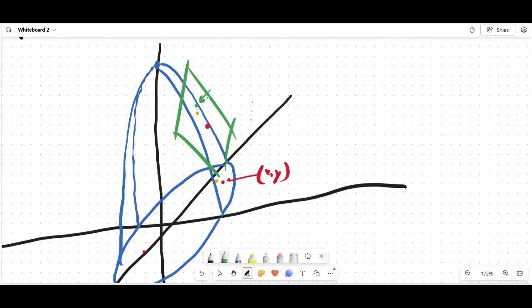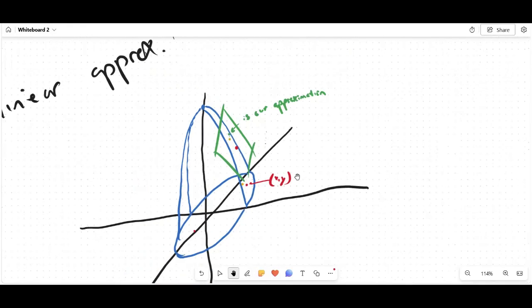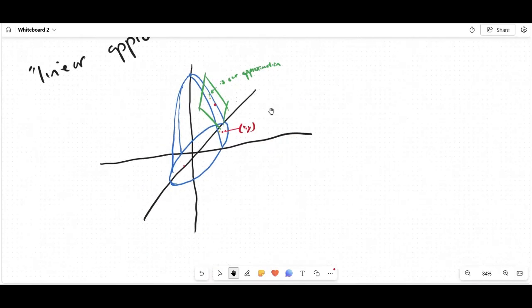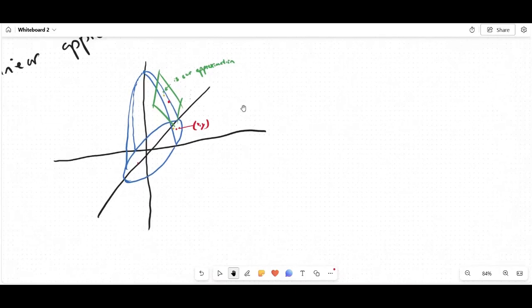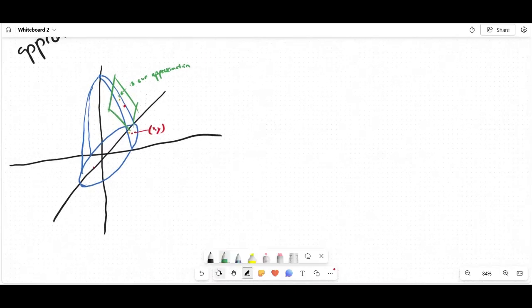And that value there is our approximation. So if you understand this idea, hopefully the example I'm about to do will make sense. We're going to use a linear approximation, so that's a tangent plane, to approximate a function. Let's go ahead and do that.